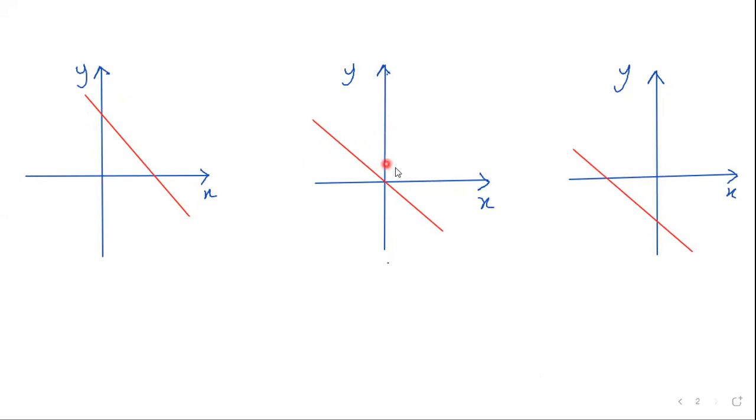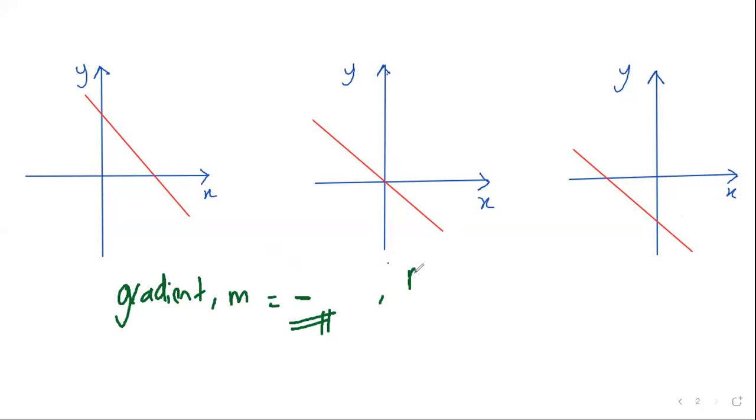So all these three graphs show that the line is inclined to the left. From this idea, we know for sure that the gradient of all these three line graphs will show a negative value.